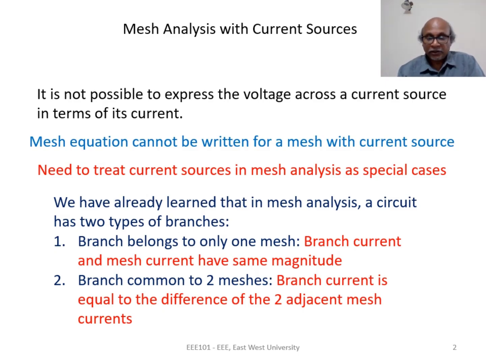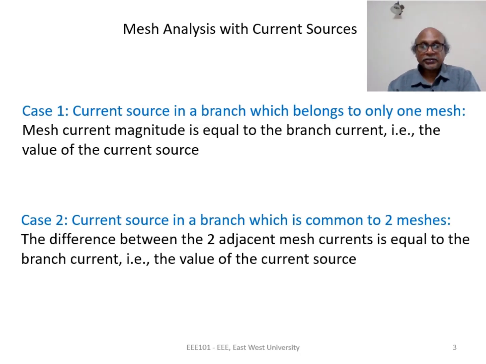Using these principles, we can identify two cases for current source in mesh analysis. If the current source belongs to a branch of type 1, then it is case 1. If the current source belongs to a branch of type 2, this is an example of case 2. So these are the two cases.